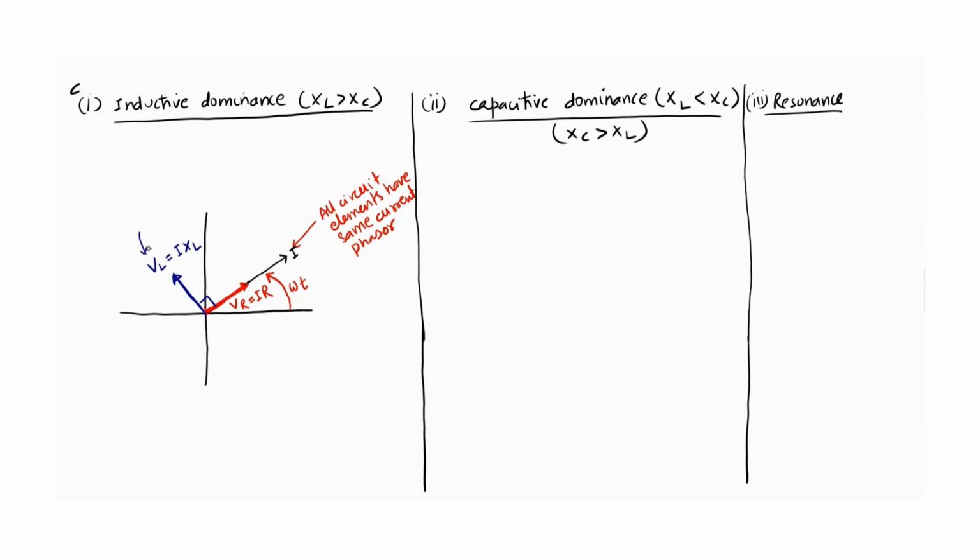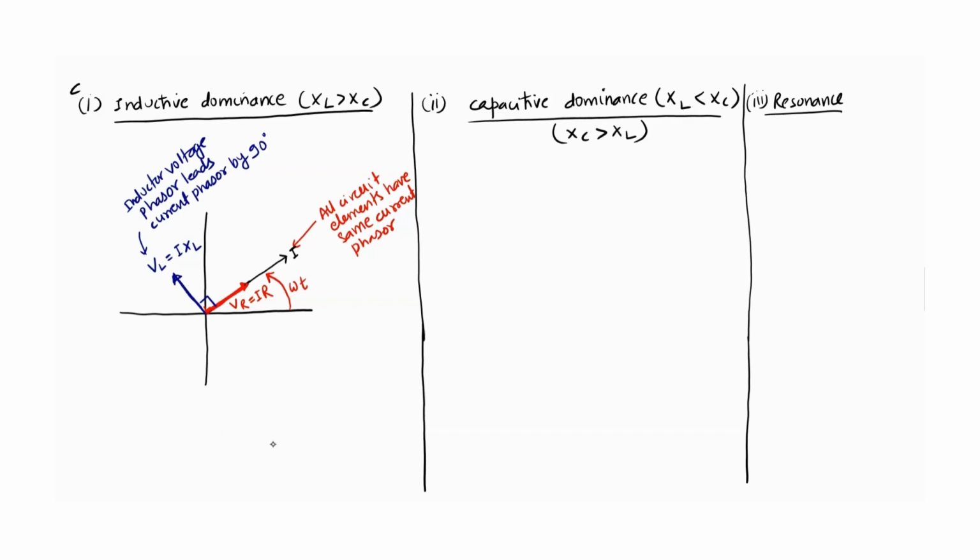What is this? This is the inductor voltage phasor, which leads the current phasor by 90°.